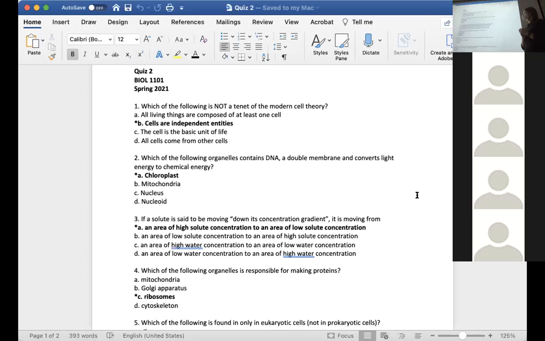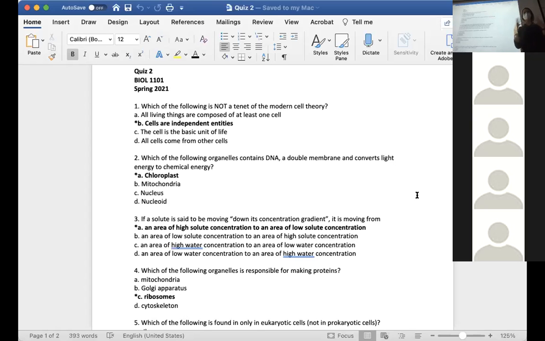Which of the following organelles contains DNA, a double membrane, and converts light energy to chemical energy? So that's going to be the chloroplast. This is one of the organelles you needed to know. We didn't talk about it in the Cell City activity specifically because they're only in plants. So only plants are taking sunlight and converting it to chemical energy. We can't do that.